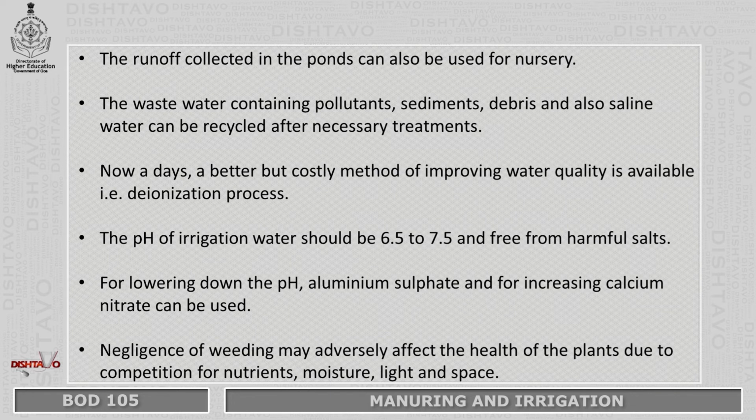Nowadays, a better but costly method of improving water quality is available, that is the deionization process. The pH of irrigation water should be 6.5 to 7.5 and free from harmful salts. For lowering the pH, and for increasing it, calcium nitrate can be used.